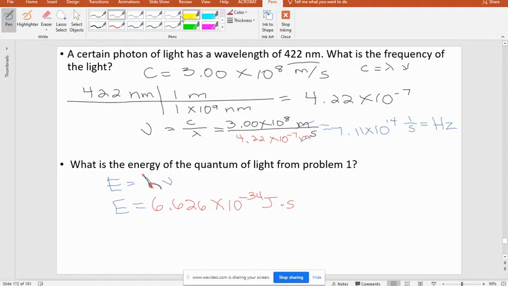And then we are going to multiply that times our frequency, which is here. We're going to grab that value and bring it down, and that's going to be 7.11 times 10 to the 14th.